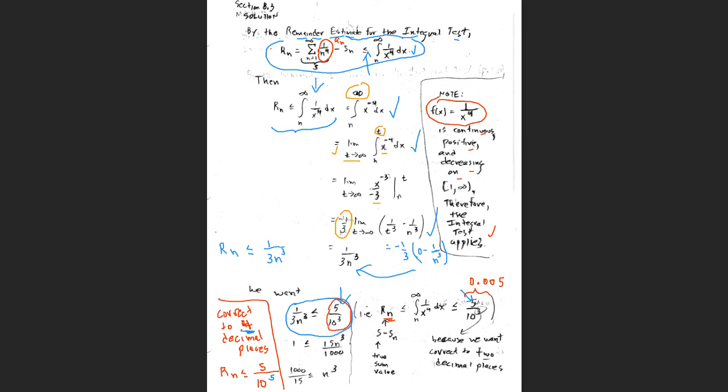So we need to solve for n now. To estimate the series, we need to figure out how many terms of the series we need to use. We're going to do that by solving this inequality. So let me just clear the annotations here.